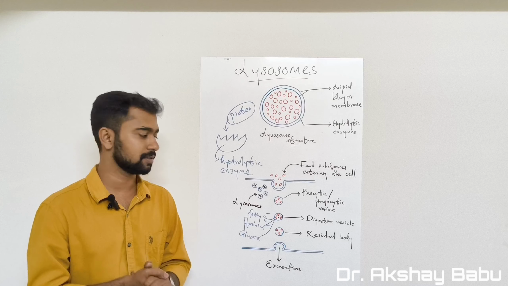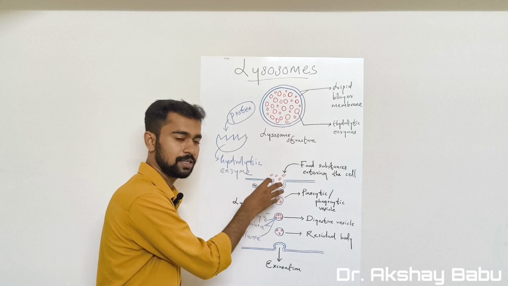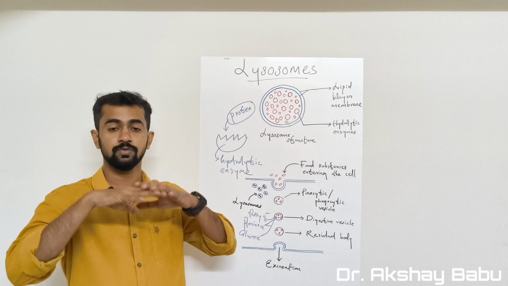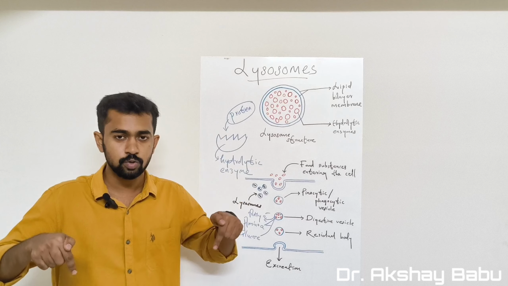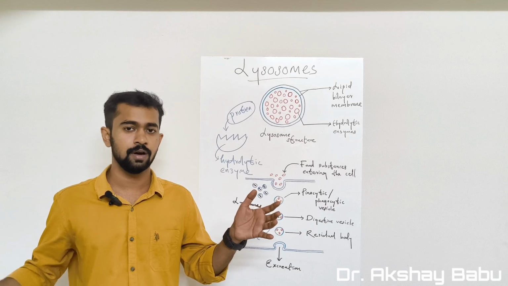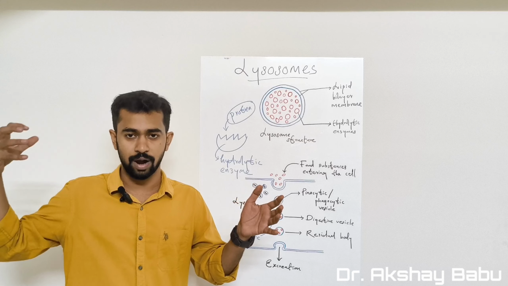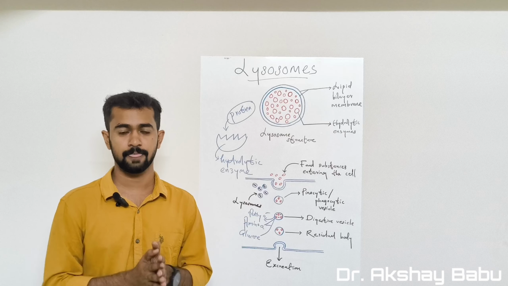At the same time, these lysosomes will also approach this particular phagocytic or pinocytic vesicle and soon form a digestive vesicle. And in this digestive vesicle, the carbohydrate will be getting converted to glucose, proteins will be getting converted to amino acids, and lipids will be getting converted to fatty acids.